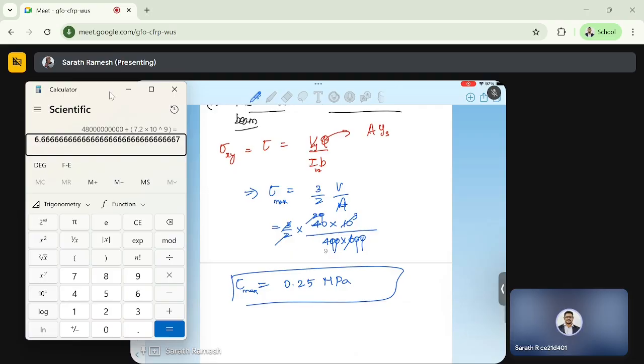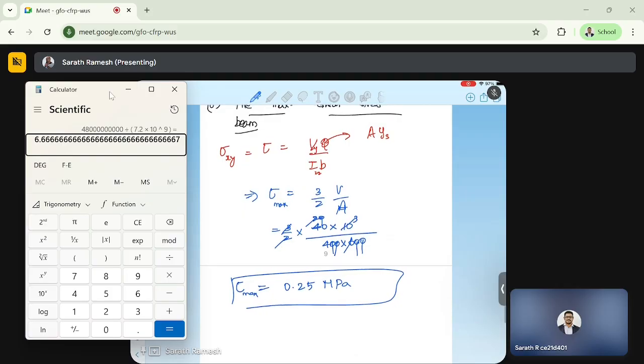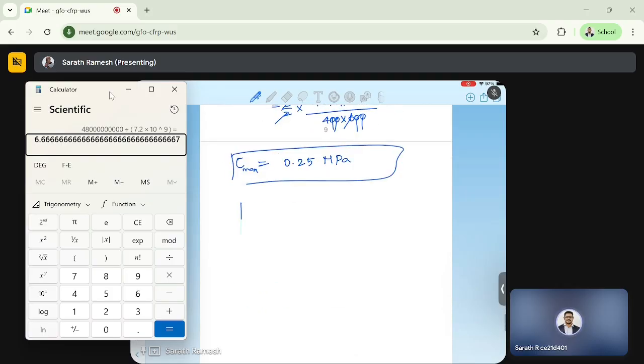So we will get a parabolic variation with 0 at the boundaries, the top and bottom, and maximum at the center. It's going to look something like this: 0, 0, and here is the maximum. This maximum is 0.25.